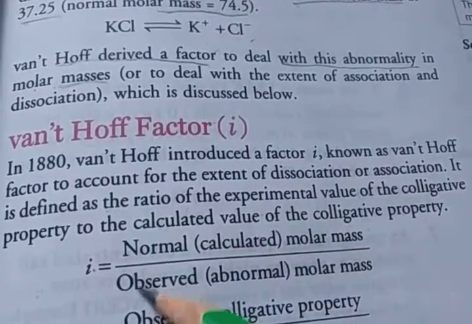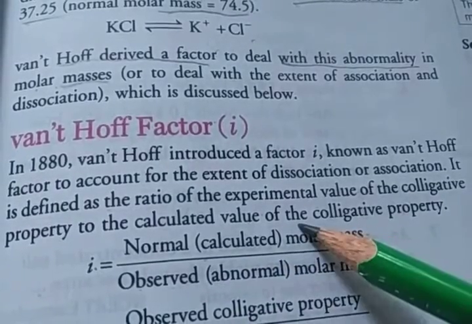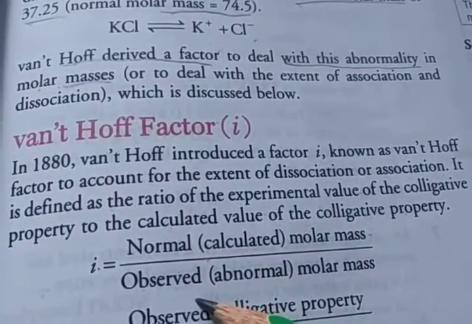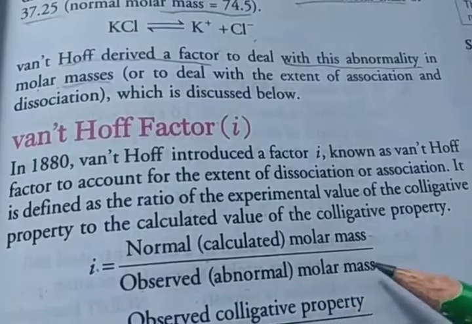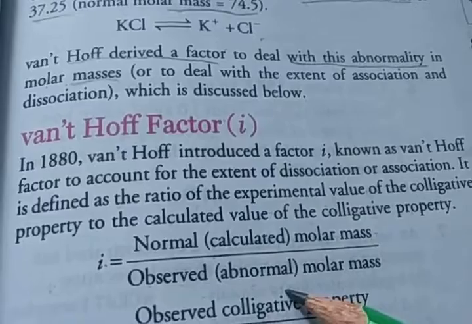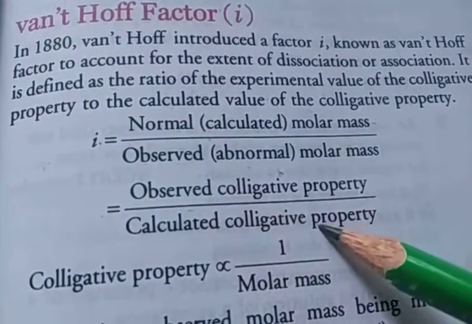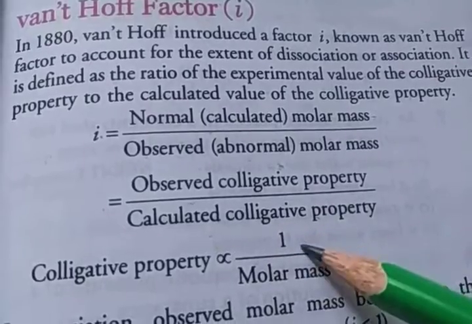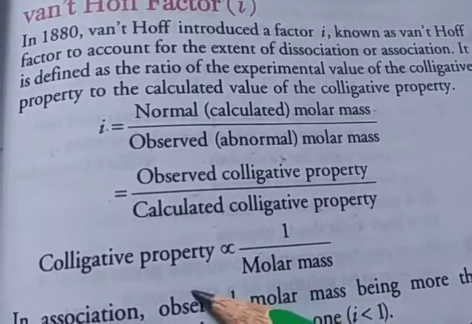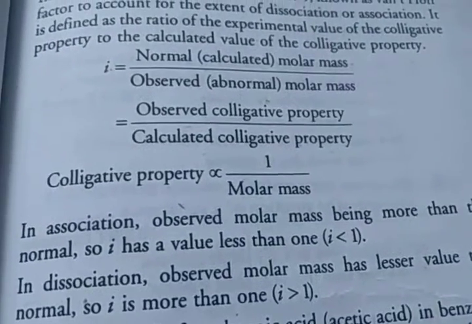So the van't Hoff factor i is equal to the normal molar mass, that is calculated, divided by the observed, that is abnormal, molar mass. In the abnormal molar mass we have to count association or dissociation. Equivalently, it is the observed colligative property divided by the calculated colligative property, and colligative properties are inversely proportional to molar mass, that is, 1 upon molar mass.